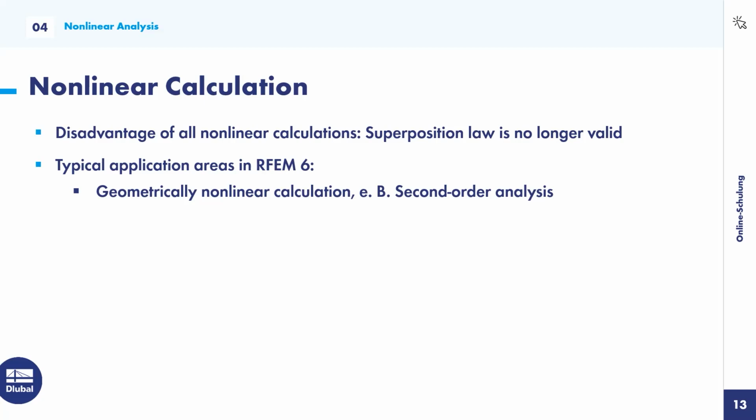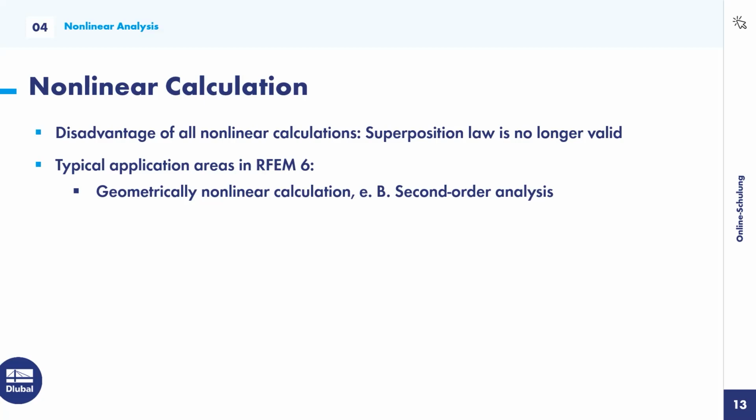It will deform maybe quite a bit more, and we repeat this process until the change between two iterations is quite low. So we need to do this calculation multiple times.